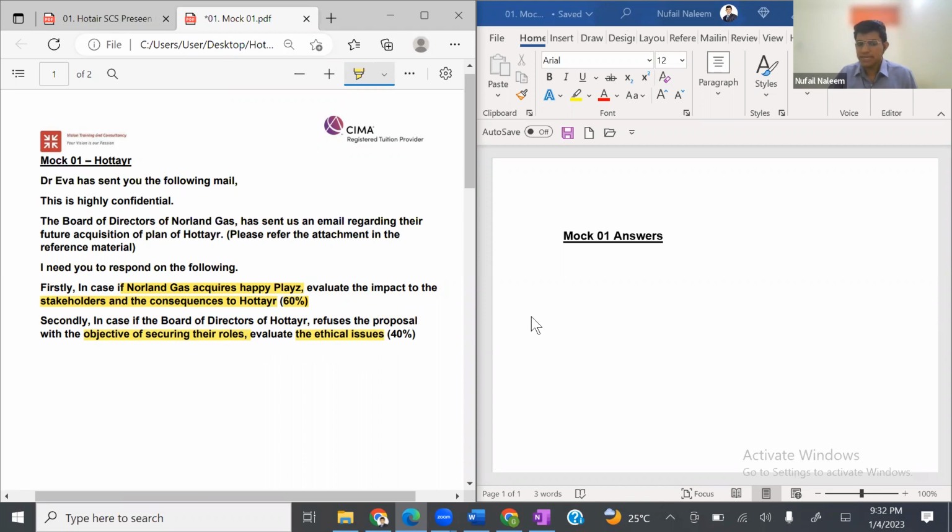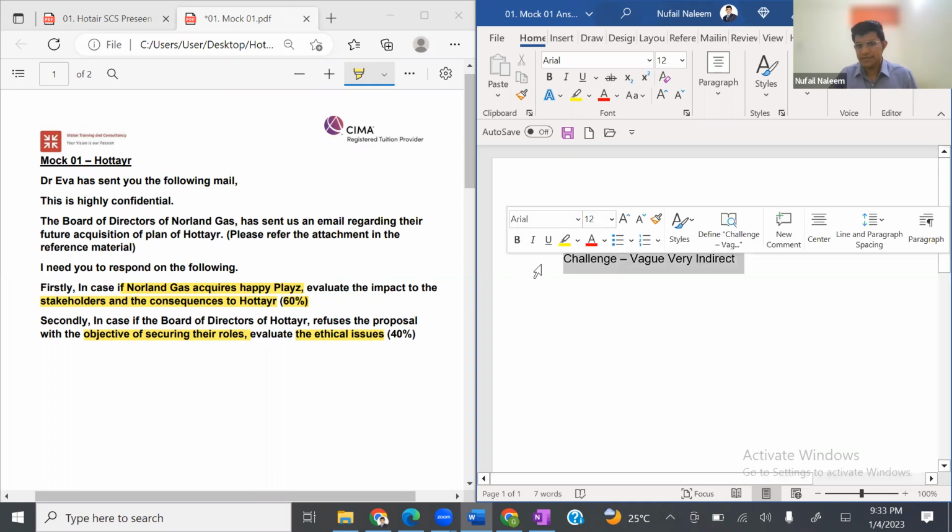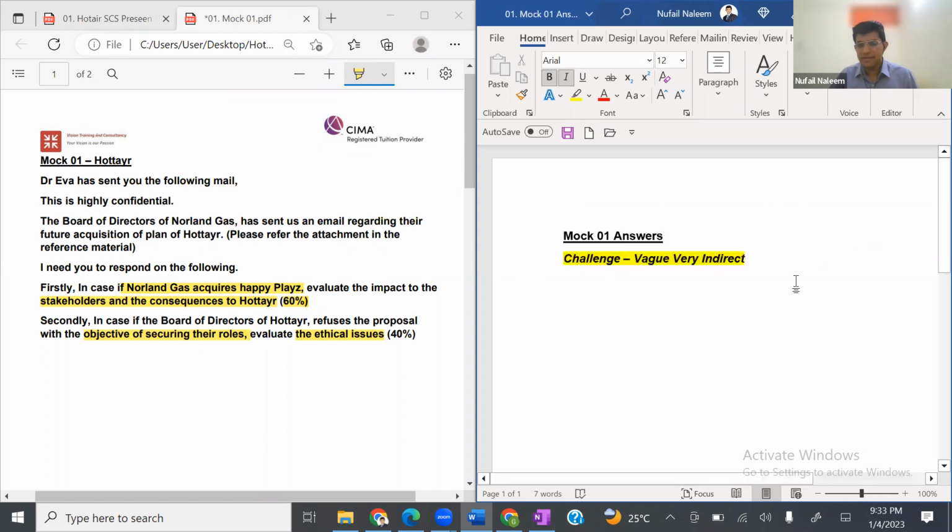Now, the biggest challenge in strategic case study examination is the paper is always vague. The questions are vague. Vague means, in simple language, very indirect. It is not direct. Very what, students? Indirect, very indirect. If you observe in a management case study or operational case study, generally while reading the requirement, you will understand what it is asking for.